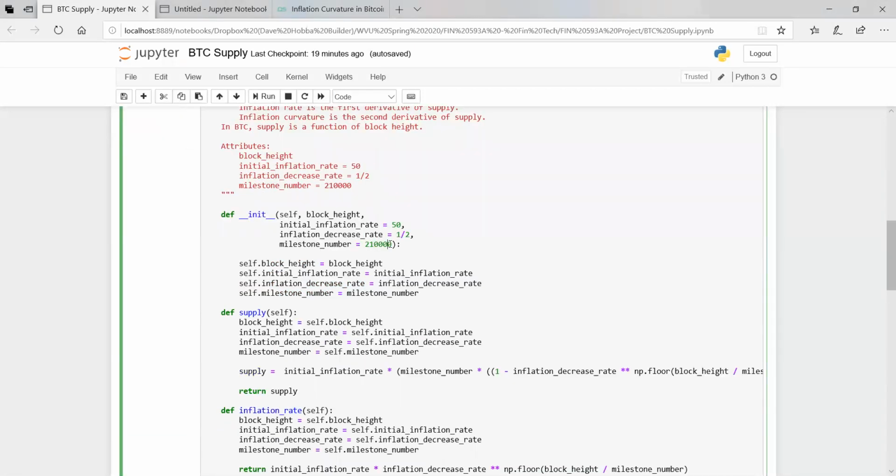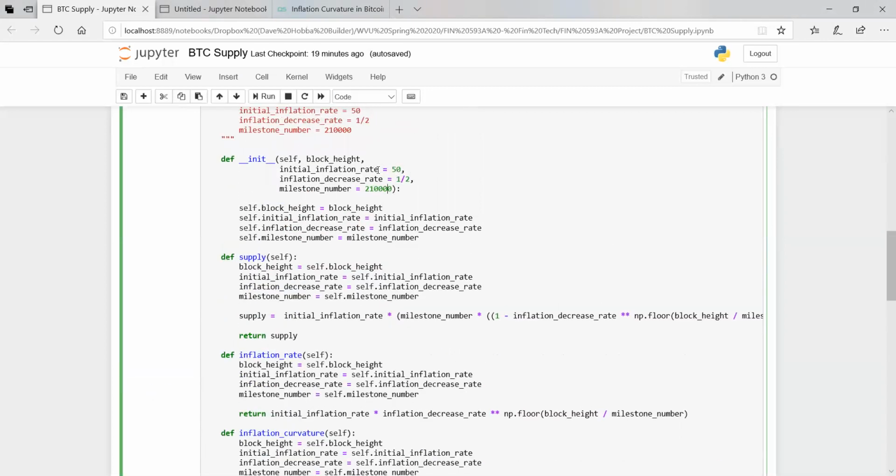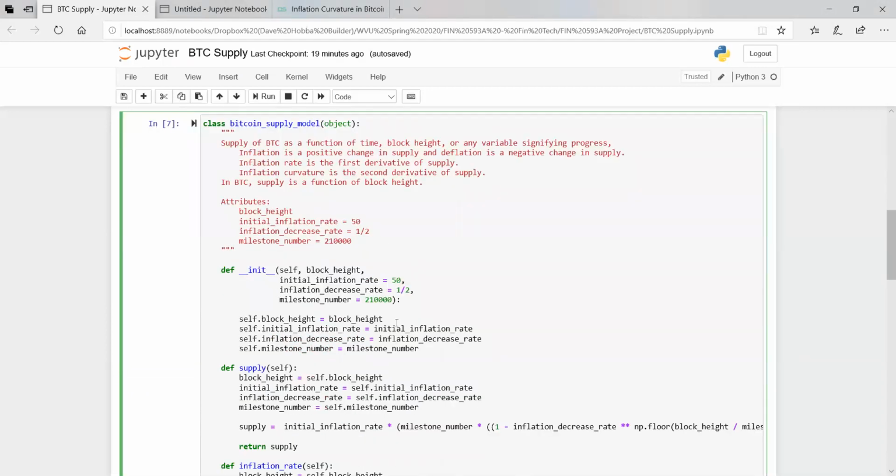What we're saying is for every 210,000 new blocks created, the number of Bitcoin created per block would be 50, and then this is going to decrease by half with every new increase of 210,000. So in this, we define the initialization. We're just initializing all of it.